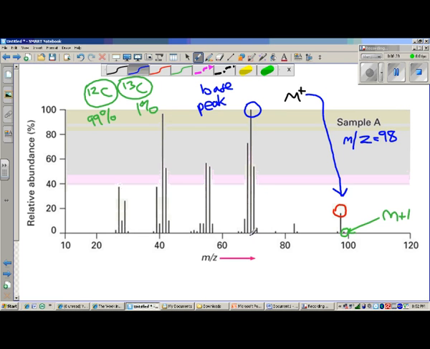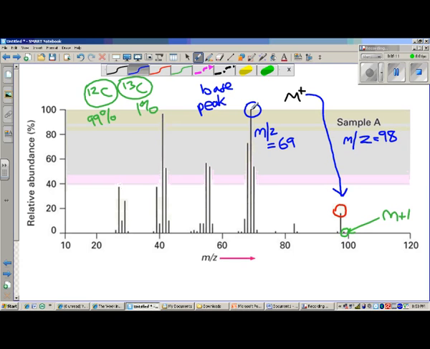And this peak, if we had a ruler and could figure out what the scale was, we would see that this guy here, the base peak, has a mass to charge ratio of 69 units.